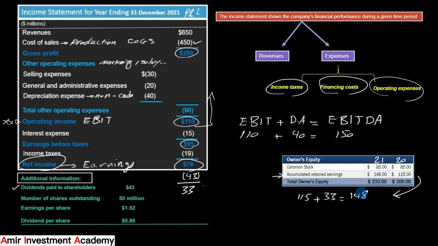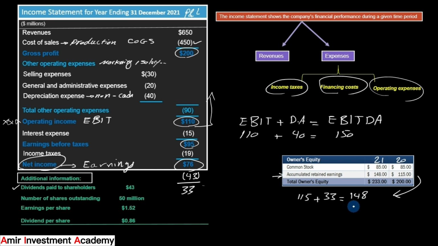So the difference came from the amount that they decided to retain as their earnings. They made 76 million, but out of that they decided to distribute 43 million. The remainder was 33 million. You add that to whatever they started with, which was 115, and you get 148.